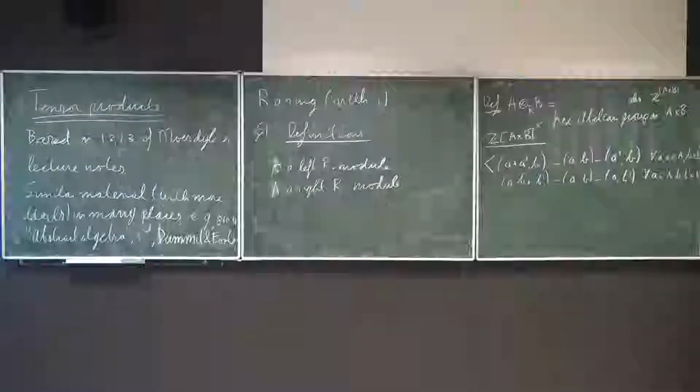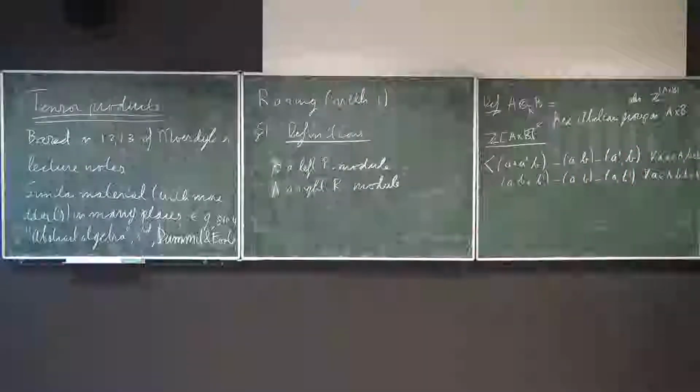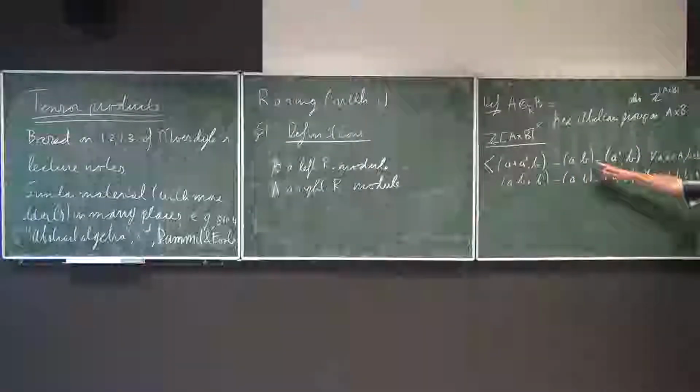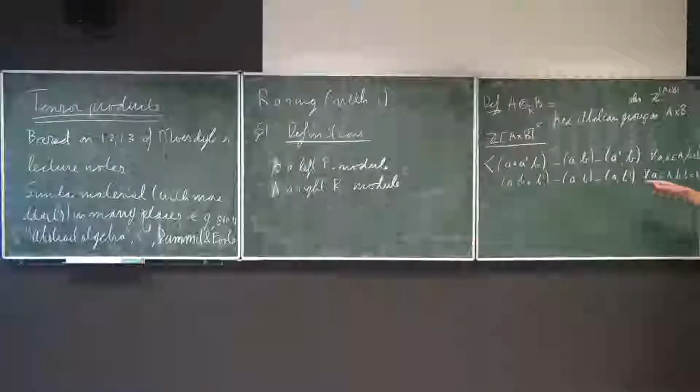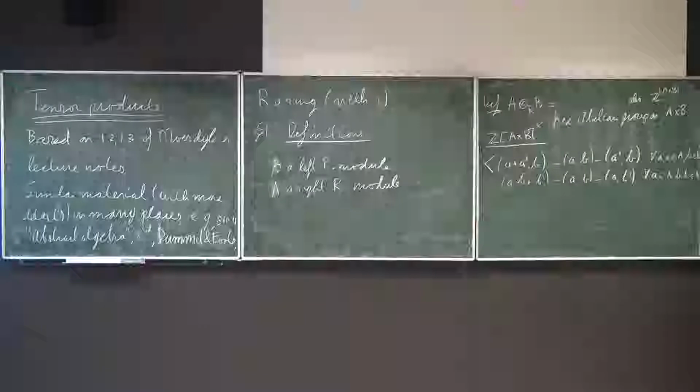This is the functions from A times B to Z with finite support, right? That's the parentheses presumably. Yes. And the elements that are written here correspond to the delta functions, the function that only has value 1 at (a, b) and 0 elsewhere. Good, okay.